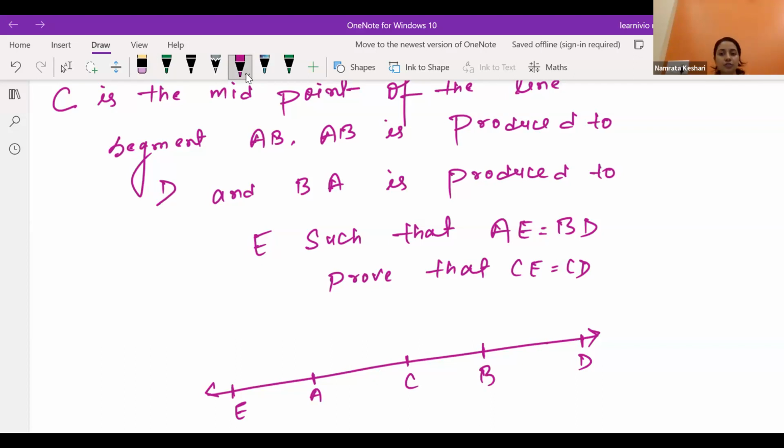If C is the midpoint of AB, then this one and this one will be equal. AB is produced to D and BA is produced to E such that AE is equal to BD. These two are also the same. We have to show that CE is equal to CD. Which axiom can be used over here?